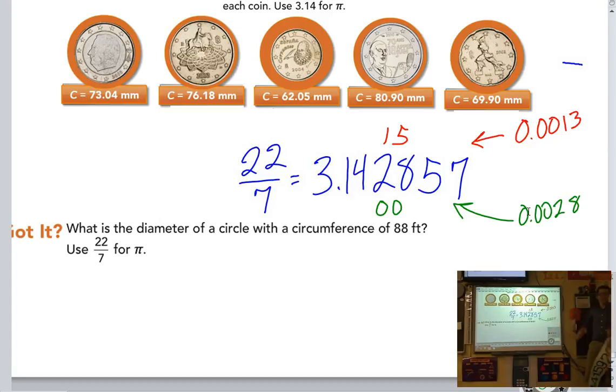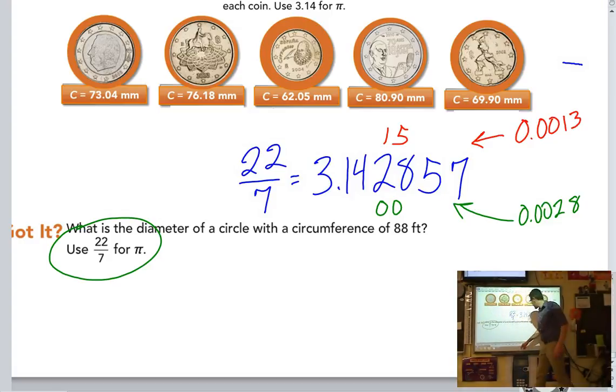It'd be 28. So which one's closer? 13. This fraction approximation is closer to actual pi than 3.14 is. Now, of course, you could go more decimal places, and instead of using 3.14, you could use 3.1415, and then you're more accurate, but that 22 over 7 is the closest we can get with small numbers. You have to use really giant numbers to get any closer to actual pi.